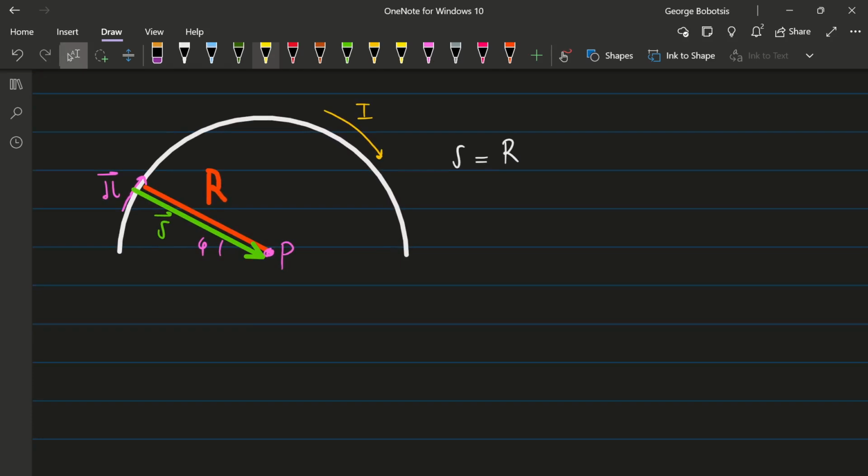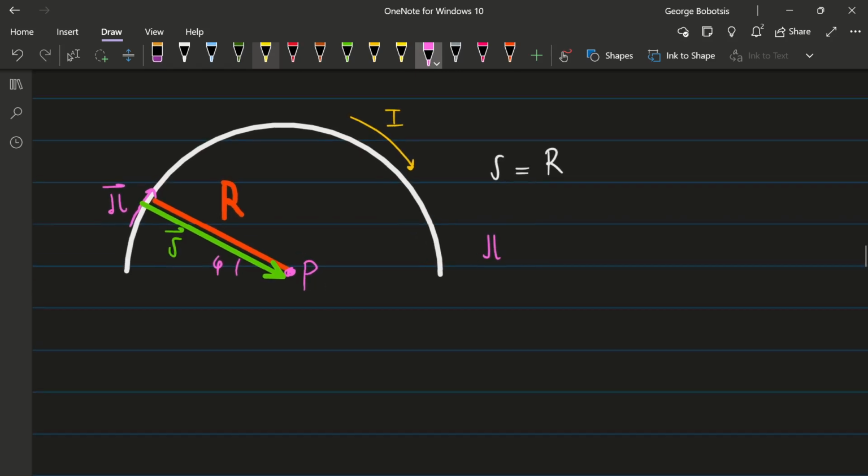So what do I need? I need right now what dL is. Let's start first with its size. Well, the dL is pretty easy to find in polars. You just use the arc length formula because you know that this is R. Both of these extents here are R that I'm drawing right now.